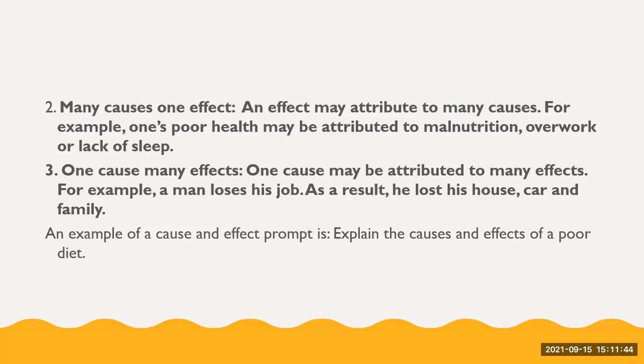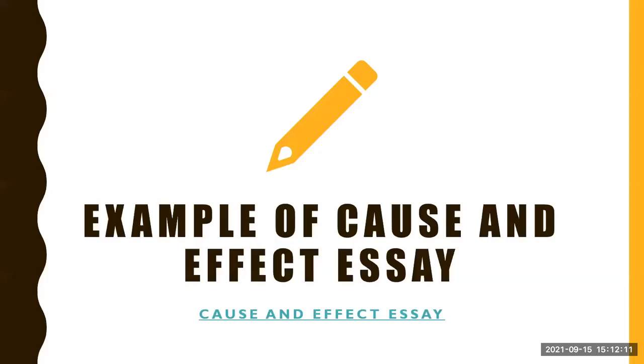All of these other effects, I should say, can be attributed to the loss of a job. So these effects are associated with this one cause. And before, it was these causes associated with this one effect, which is the case in number 2.